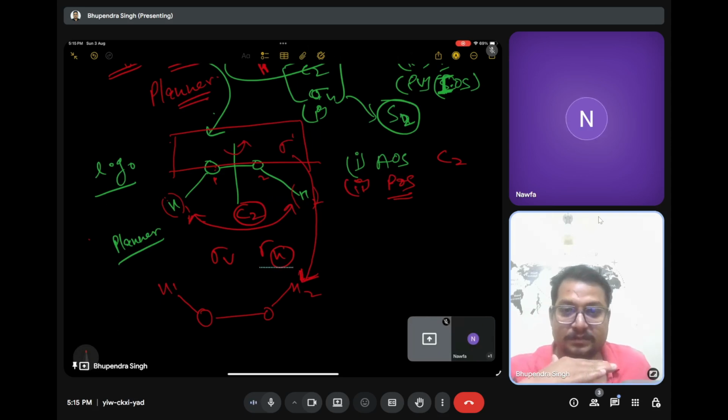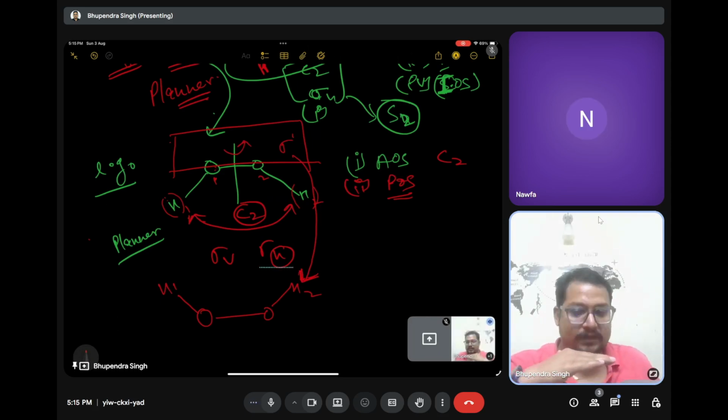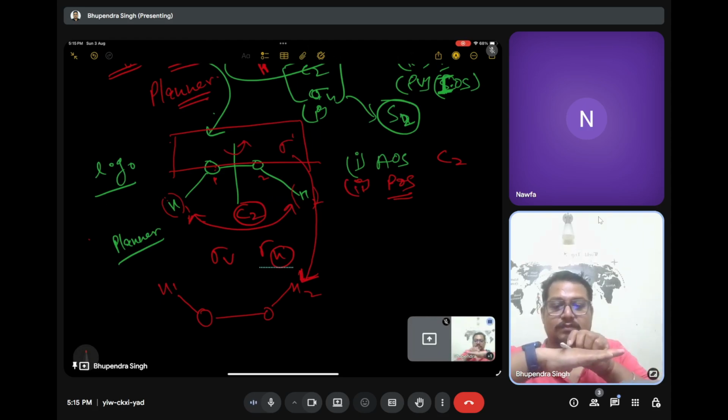What is the definition of sigma H? Sigma H is the plane which is perpendicular to the principal axis of rotation. So here the principal axis of rotation is what? C2. This is your C2.